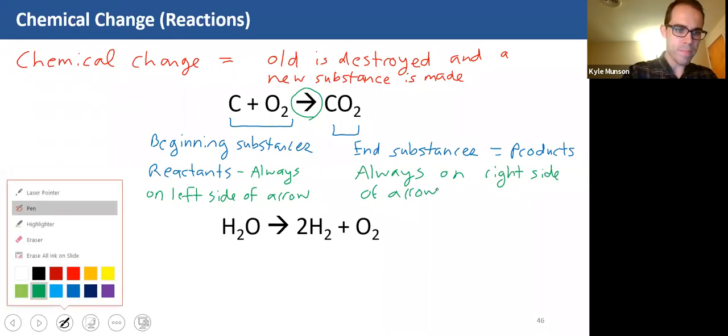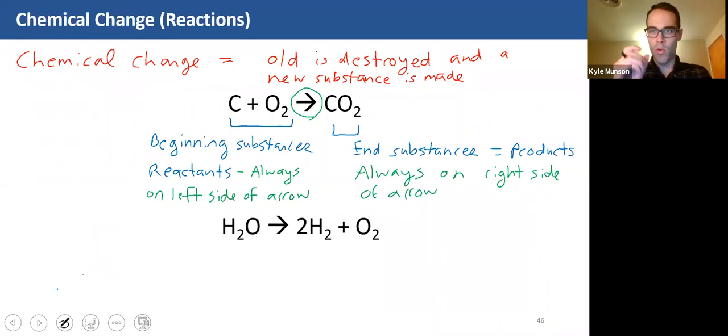Okay. So again, you mix carbon and oxygen, that's our reactants, that's our starting substances. Yields or gives us, that's the arrow, carbon dioxide, CO2. That's our end substances, that's our products. Here's another example down here. This is the decomposition of water into hydrogen and oxygen.